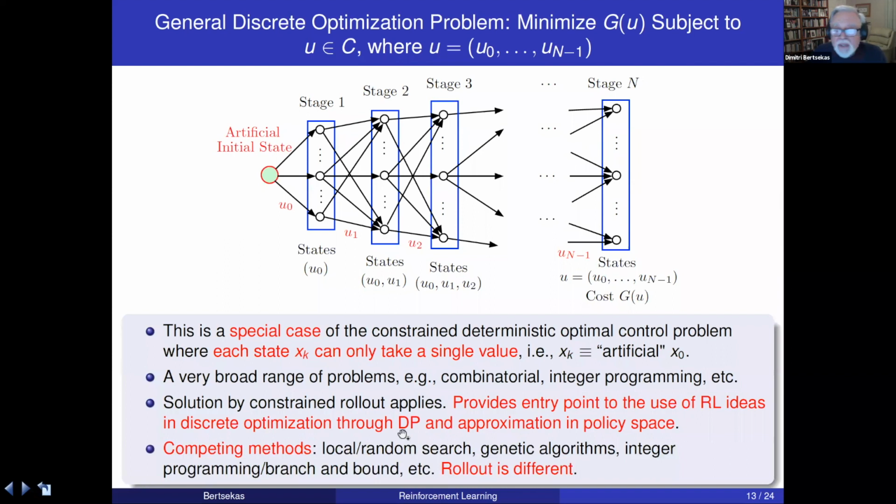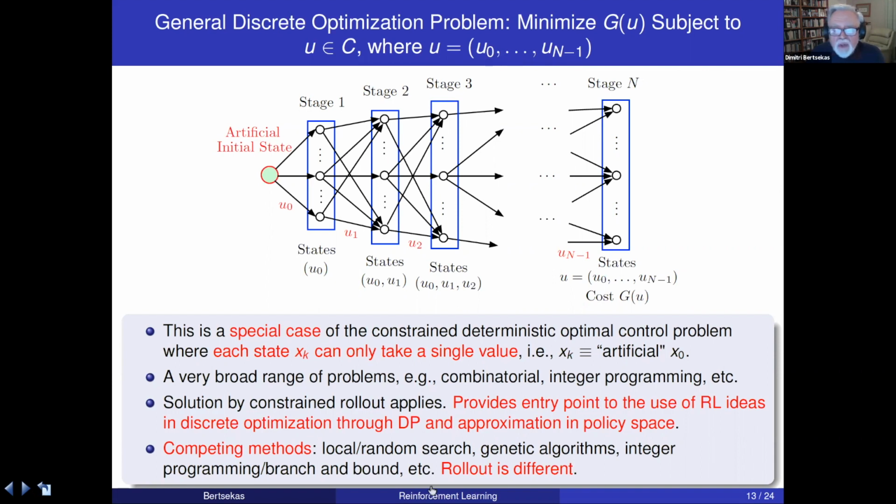And now, as I said, this is a very broad class of problems, and there are many methods for solving them. For example, random search is one such methodology, where you start from some initial feasible solution, and you generate at random a collection of other neighboring feasible solutions, and you move to one that looks promising, and then you search at random within a neighborhood of the place where you are, and you find another solution that's promising, and so on.